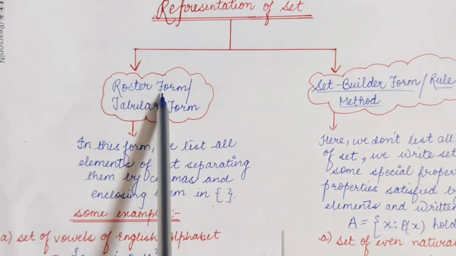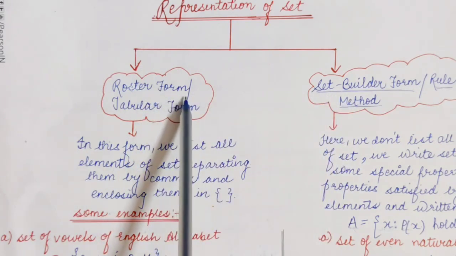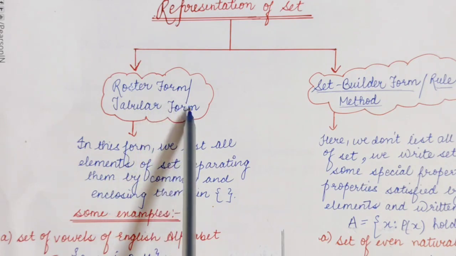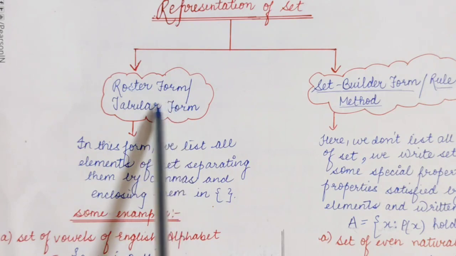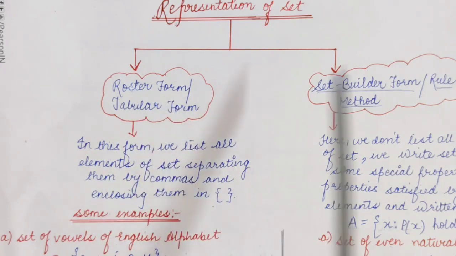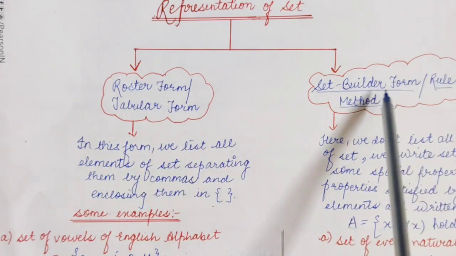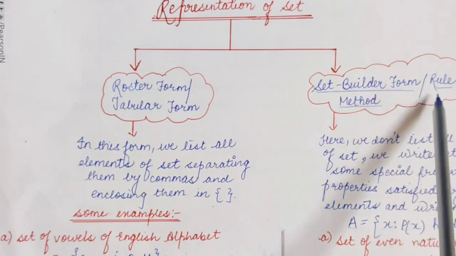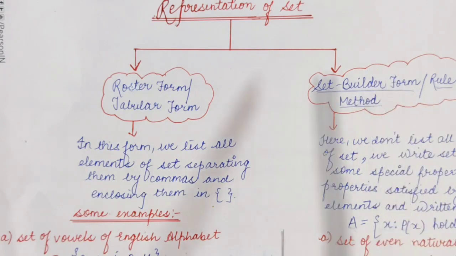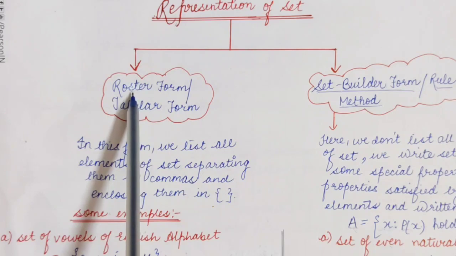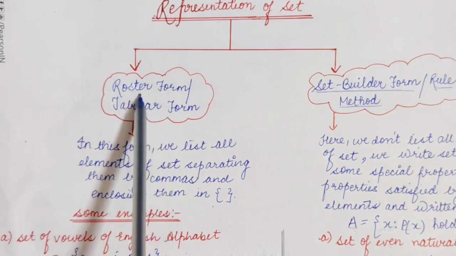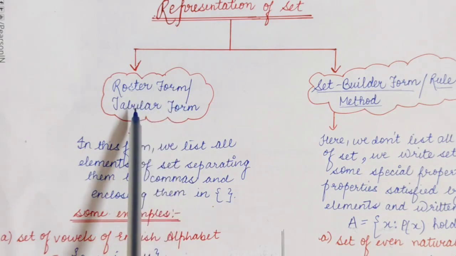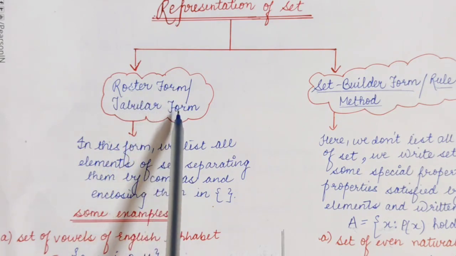Our first form is roster form or tabular form, and our second form is set builder form or rule method. Today, first of all, we will do roster form or tabular form. Now the question arises, what is the roster form and what is tabular form?